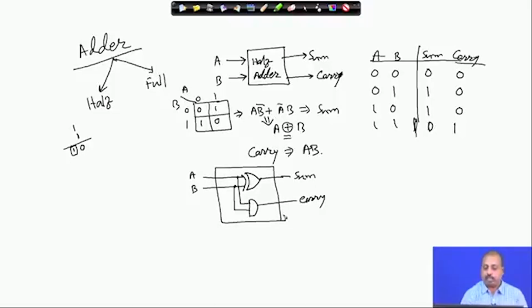Now, the problem with this half adder is that it can add only 2 bits. If you want to add 3 bits, then we get something called a full adder.